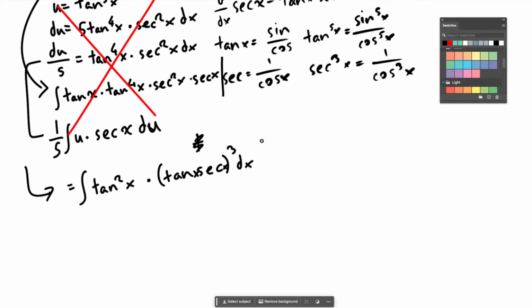Wait. If u equals tangent squared x, du equals 2 tan x times secant squared x.